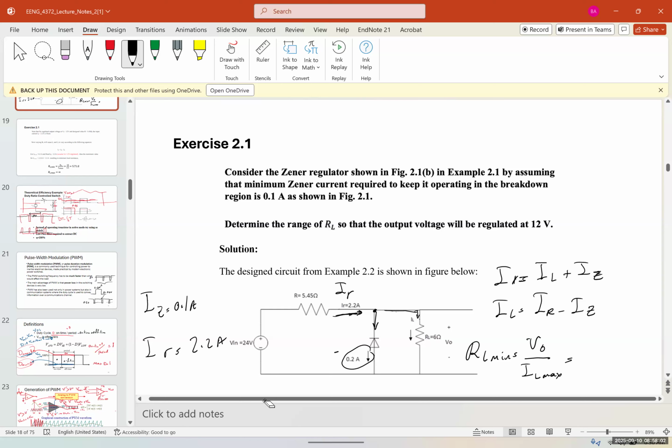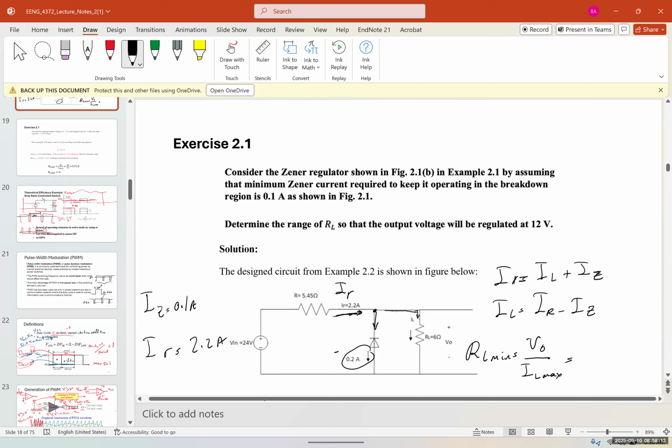So therefore RL min would be equal to, yeah, the breakdown region. This is the IZ, so it's 0.1. The breakdown region current is 0.1.